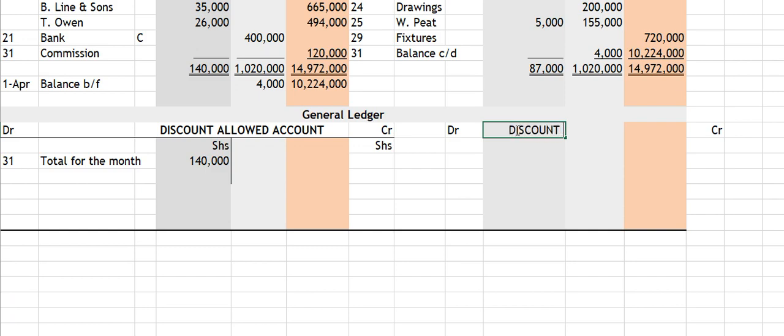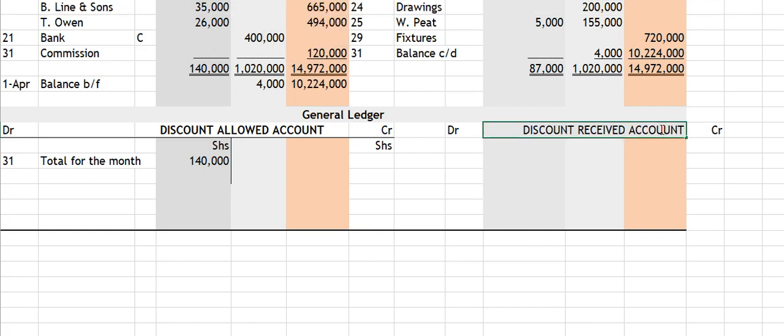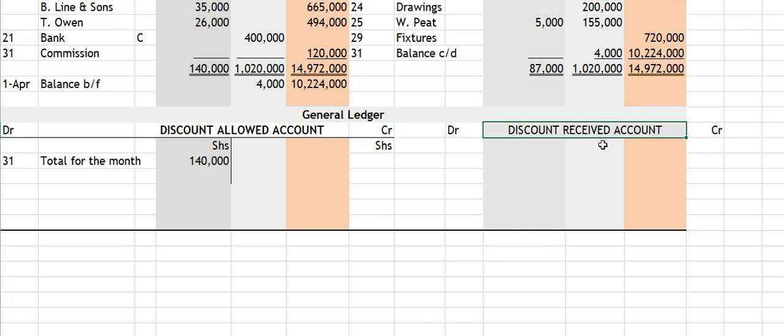So this is the discount received account.